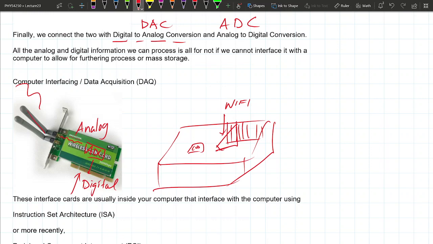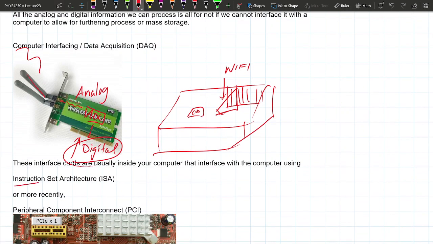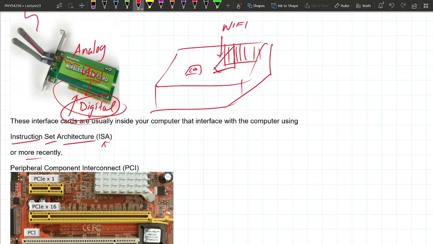Okay. And this digital system here is called instruction set architecture, also known as ISA. So this is the older system, and more recently, people are using PCI, which is Peripheral Component Interconnect. These are just words that people make up to make a nice acronym, PCI, ISA.